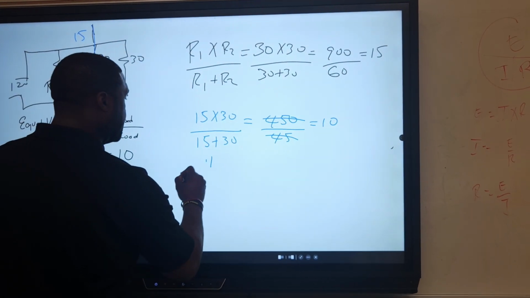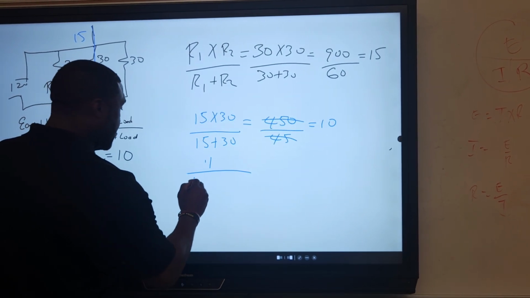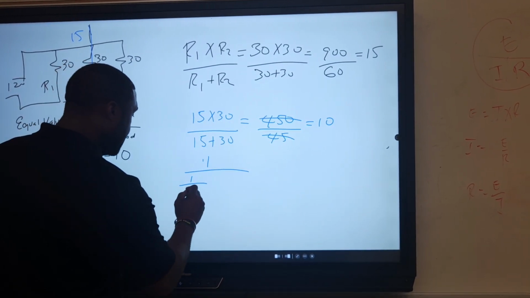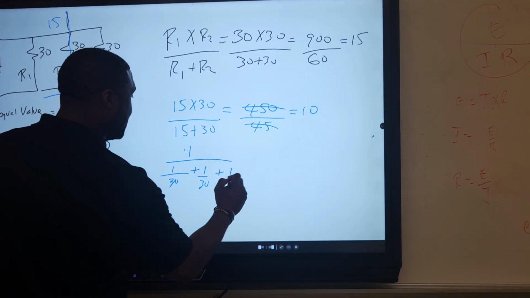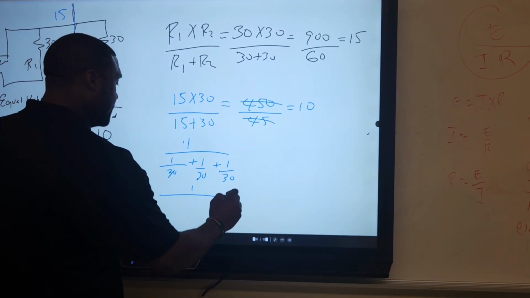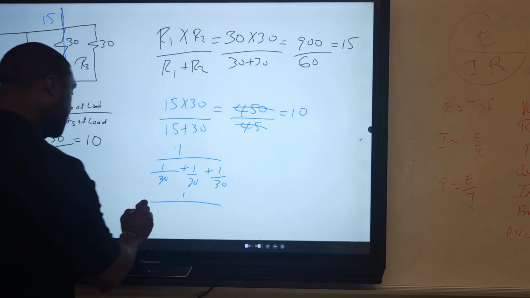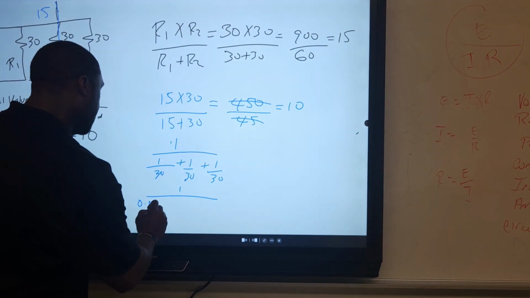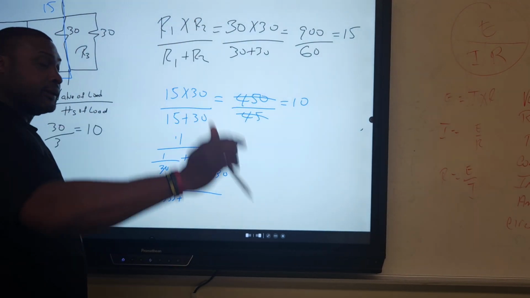So it's 1 over 1 over 30 plus 1 over 30 plus 1 over 30. What's 1 divided by 30? 0.0333, and you've got to keep going, right?